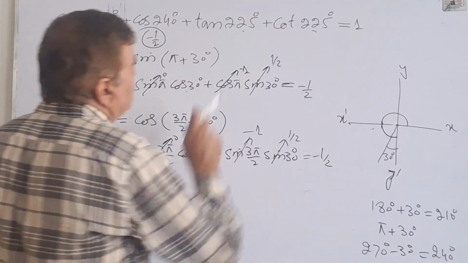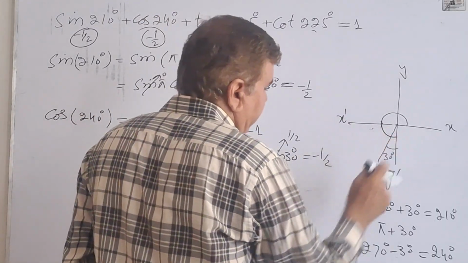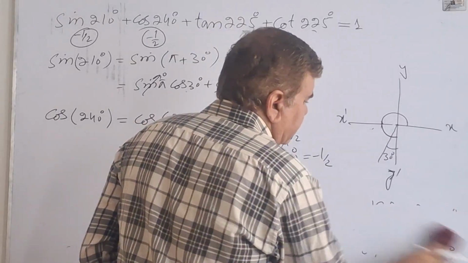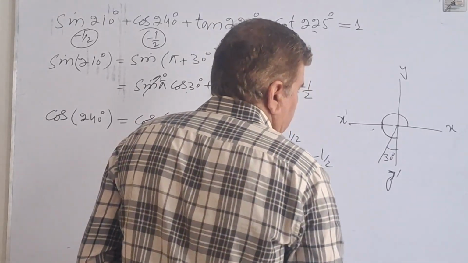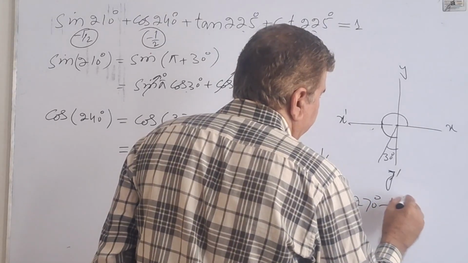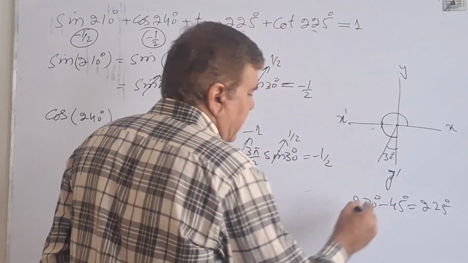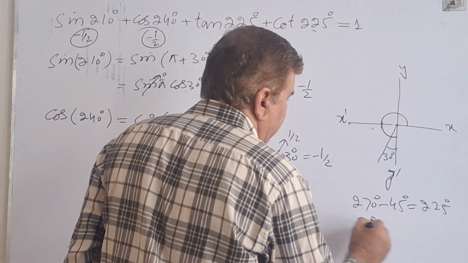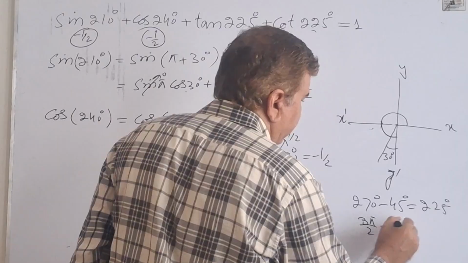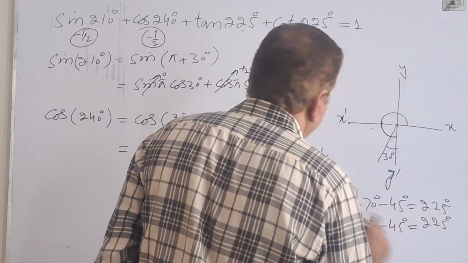And now 225 degrees is lesser than 270 degrees by 45. That is 270 degrees minus 45 degrees equals 225 degrees. Or I can write this as 3 pi divided by 2 minus 45 degrees equals 225 degrees.